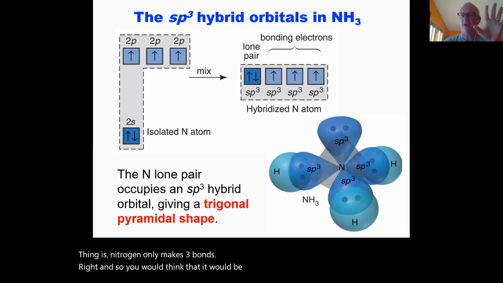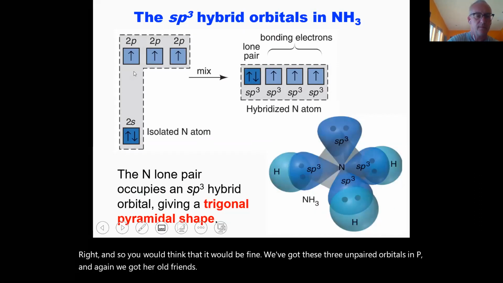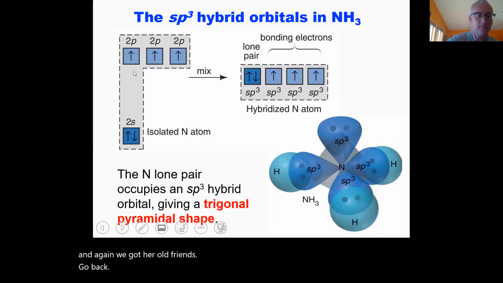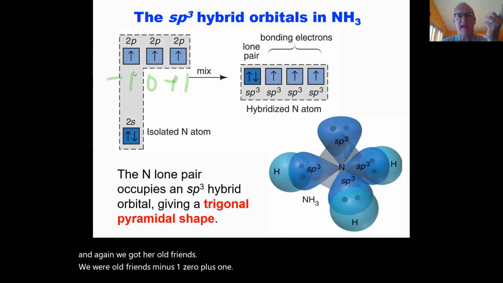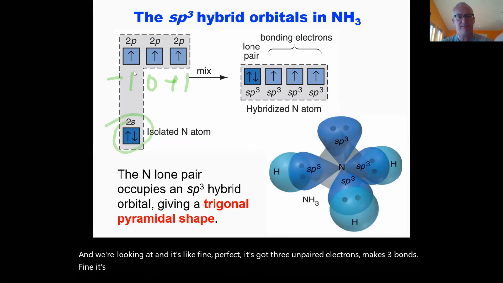We've got these 3 unpaired orbitals in P, and again, we have our old friends -1, 0, and +1. And we're looking at that, and it's like, yeah, fine, perfect. It's got 3 unpaired electrons, makes 3 bonds, fine. It's got a lone pair, yeah, there they are, right there.